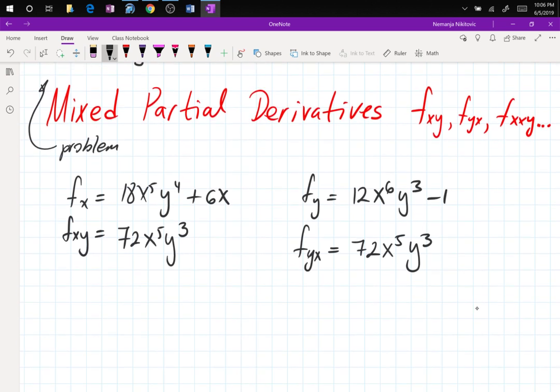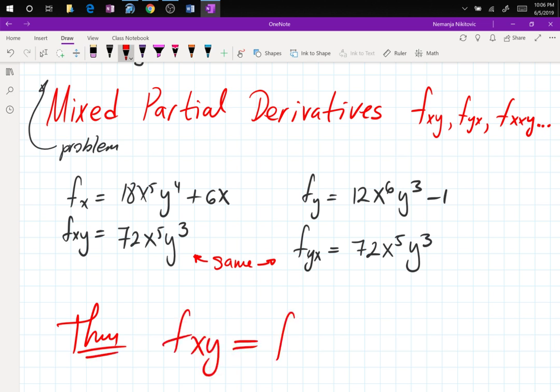Do we see anything interesting? They match. And that is a theorem. The order doesn't matter. If you have the same amount of x and y derivatives, they have to be the same. So the theorem says that fxy is the same as fyx. Order doesn't matter.